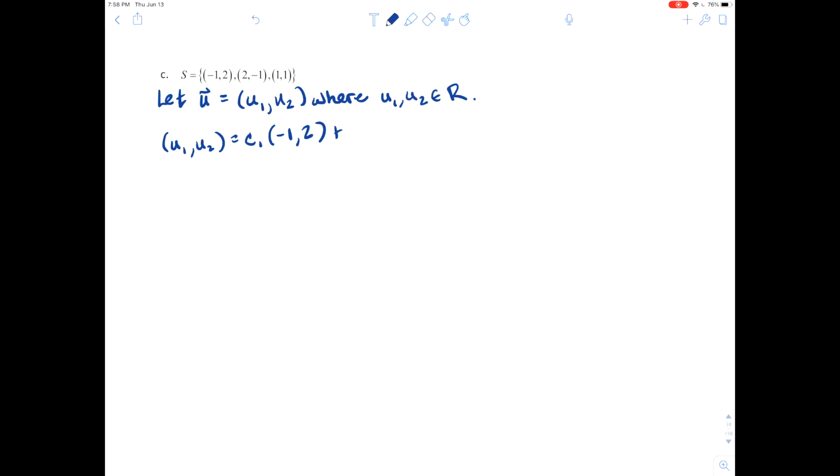Let's check out this next one. So again, if we let U equal U1, U2, where U1 and U2 belong to the real numbers, so U could be any vector in R2. So then what would we do? We'd have U1, U2 equal to C1 times -1, 2 plus C2 times 2, -1 plus C3 times 1, 1.